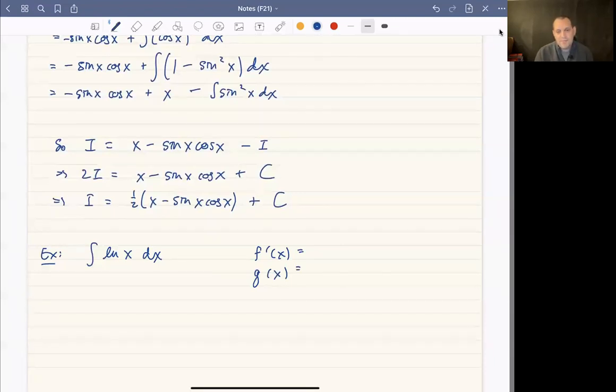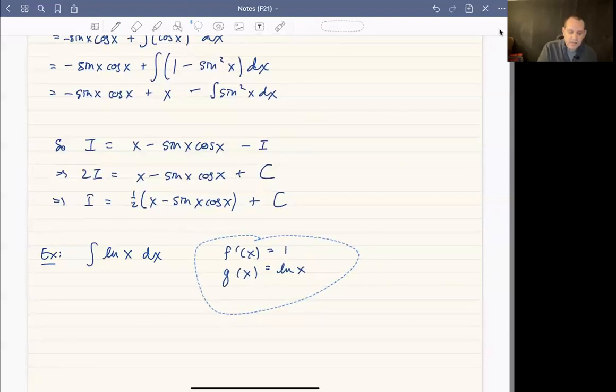Now, we can't pick f prime as the natural log of x because to get f we anti-differentiate it. And if we could anti-differentiate natural log of x right away, we wouldn't be doing integration by parts, right? We don't know how to anti-differentiate natural log of x. So we're kind of forced to choose g of x to be the natural log of x, and f prime is 1, which at first doesn't look very helpful, although it turns out it is.